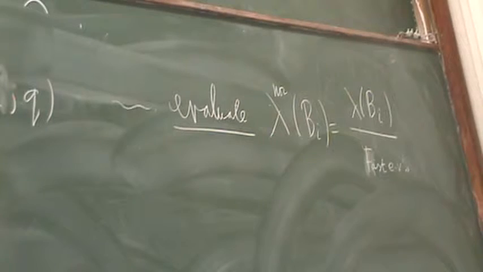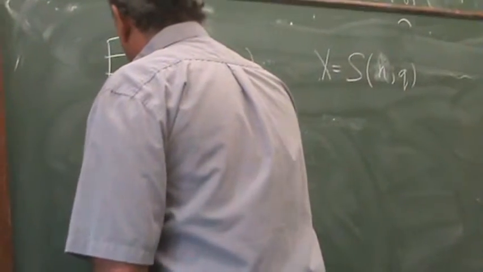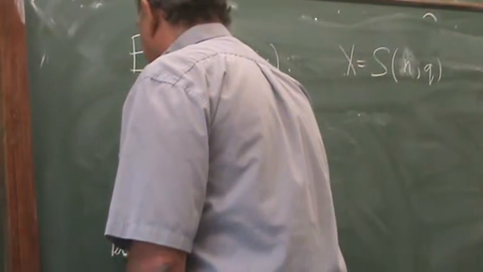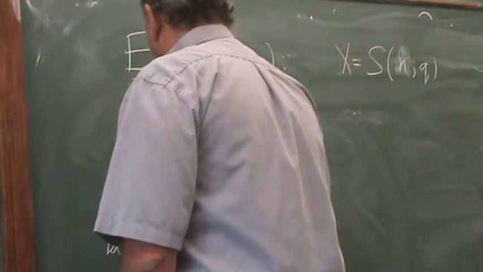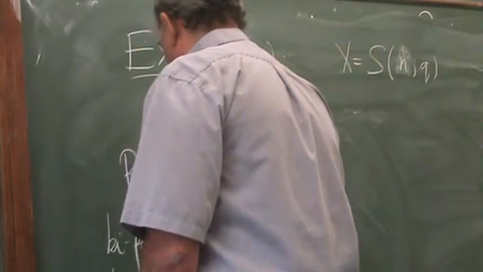Let's see what I mean by that. So what will B_i really be? B_i will be a bipartite biregular graph, as we talked about today.